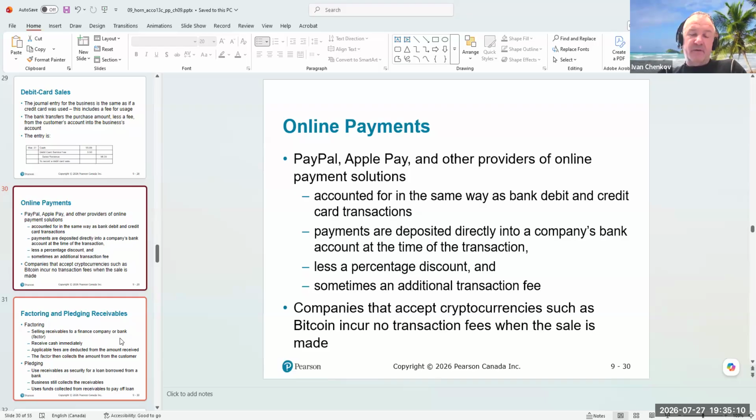The other form of payment can be e-transfer. You're familiar with e-transfer. The other one can be recurring fund transfer. Those will be accounted for the same way as a bank account for the credit card or debit card. The sales will be the sales amount that we're selling. The cash will be the amount which is deposited to our bank account, or the actual cash that we see.